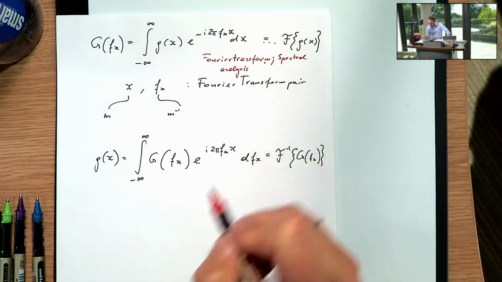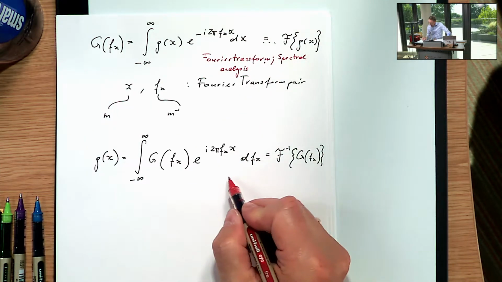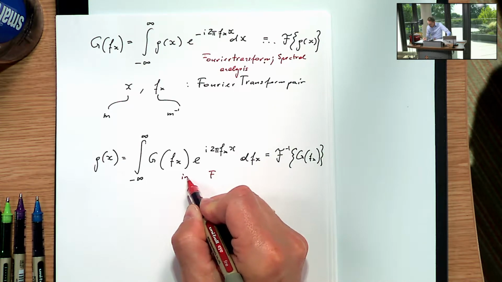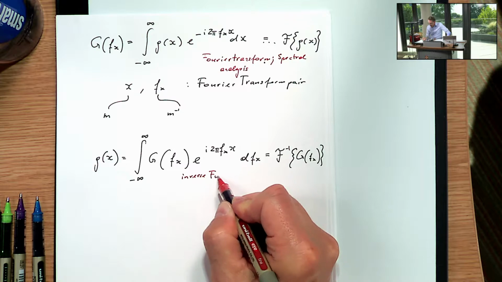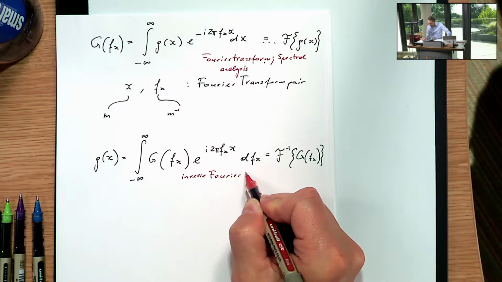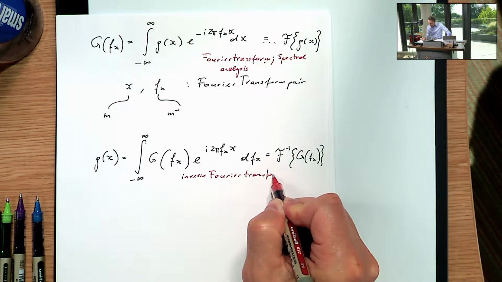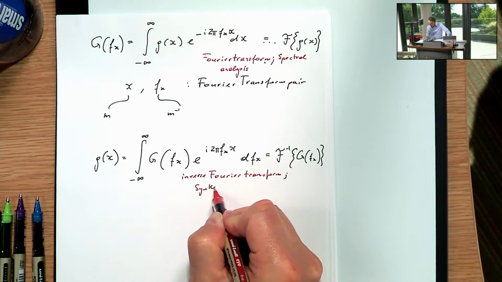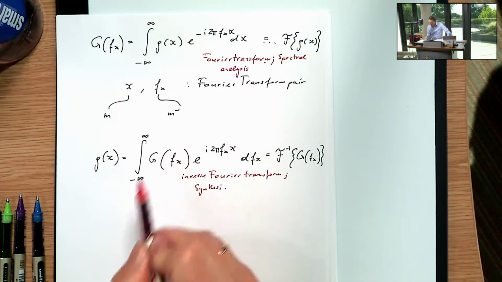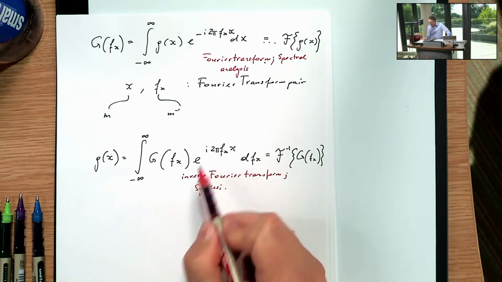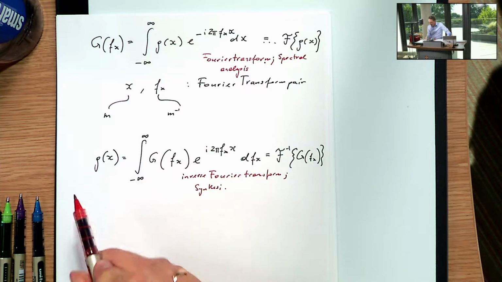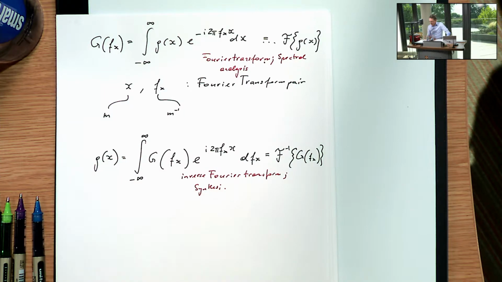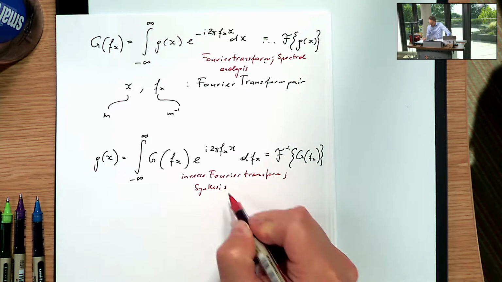And this here is called the inverse Fourier transform, and it is called the synthesis, because you take all the spectral components, you take the right phases, and you add them all up and integrate, and you can get the real space function. Synthesis.